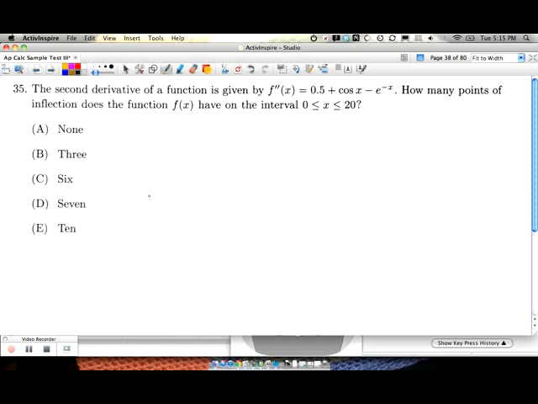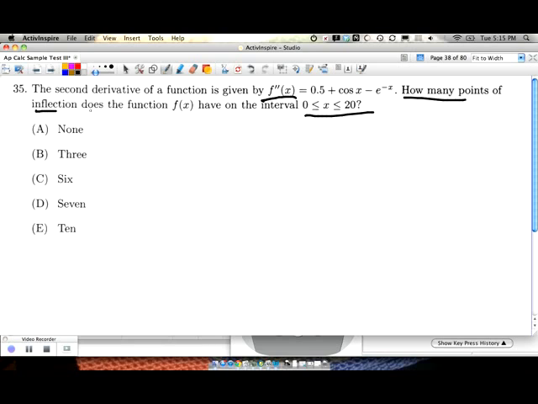Number 35, the second derivative of a function. Let's get something a little more straightforward here. How many points of inflection does f have on the interval 0 to 20? This is interesting because it's a very straightforward question. All you have to do is know how to interpret it.